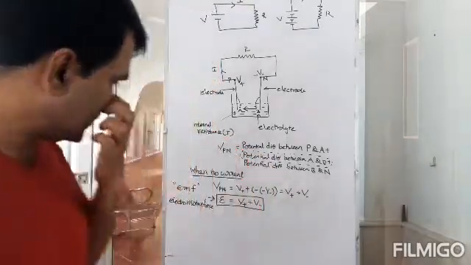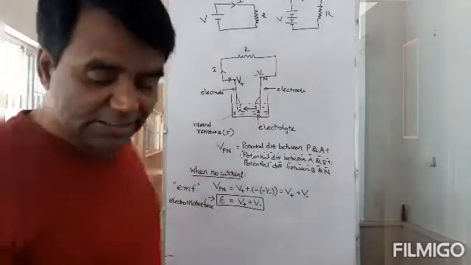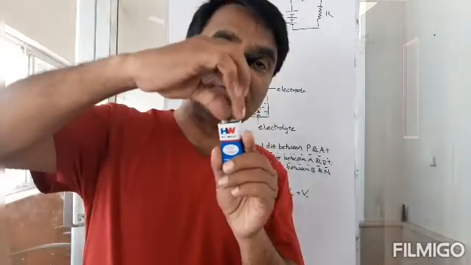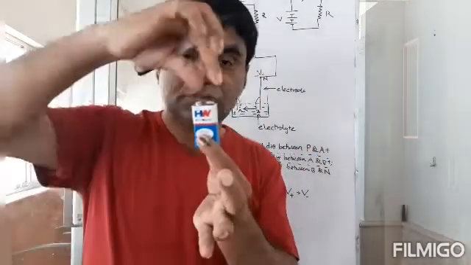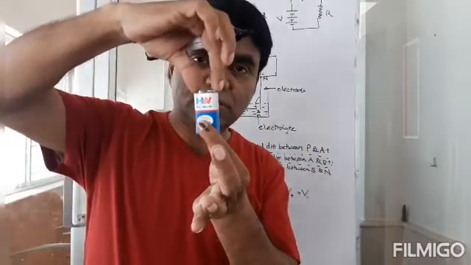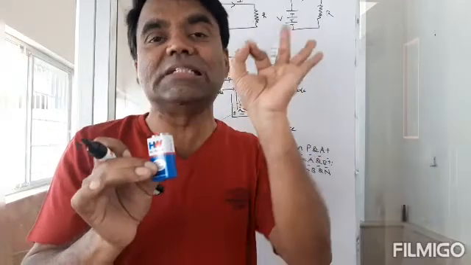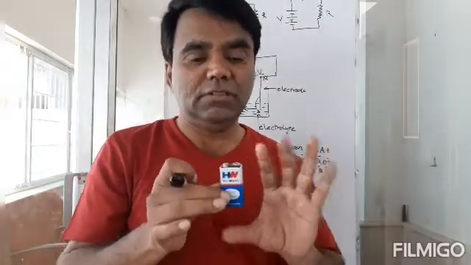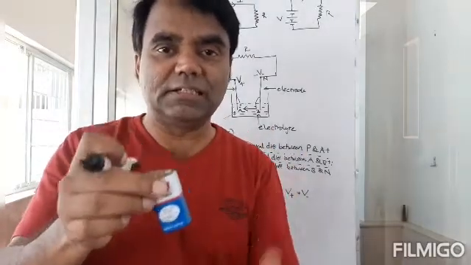So this is what EMF is: it is the voltage across the terminals of the battery where no current is flowing through it. When you measure the potential difference between the two terminals with no current flowing, that value is the EMF. That is what the battery is capable of giving.